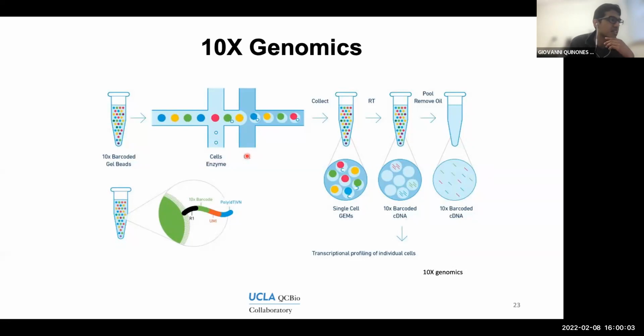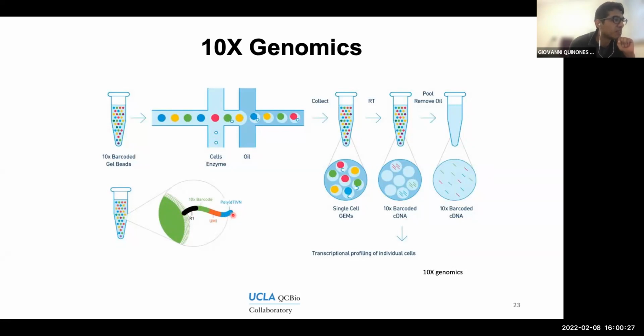The reason for that is that these beads have these oligo sequences attached to them. In this particular bead, you can see there is a DNA oligo that is bound to the bead. And this oligo contains different features.